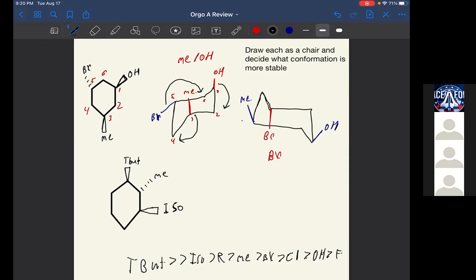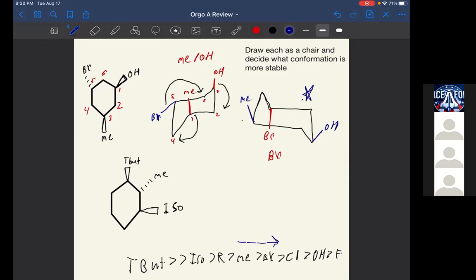Bromine is going to be much more stable in axial than a methyl and an OH. Does that make sense? Because it's farther to the right on here, meaning it's actually a smaller functional group. So this one would be your more stable chair conformation when compared to this one.